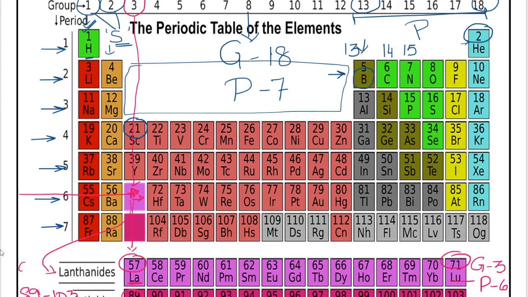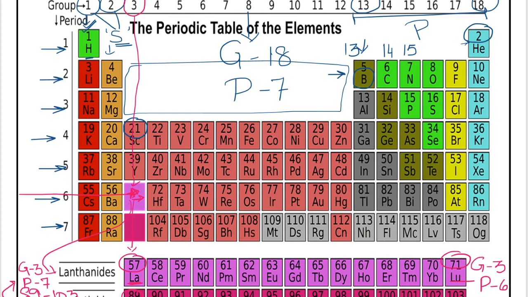Which group again? Group number 3. It didn't change for either lanthanides or actinides. But what changed? The period changed. So lanthanides were period 6 and our actinides are period number 7.